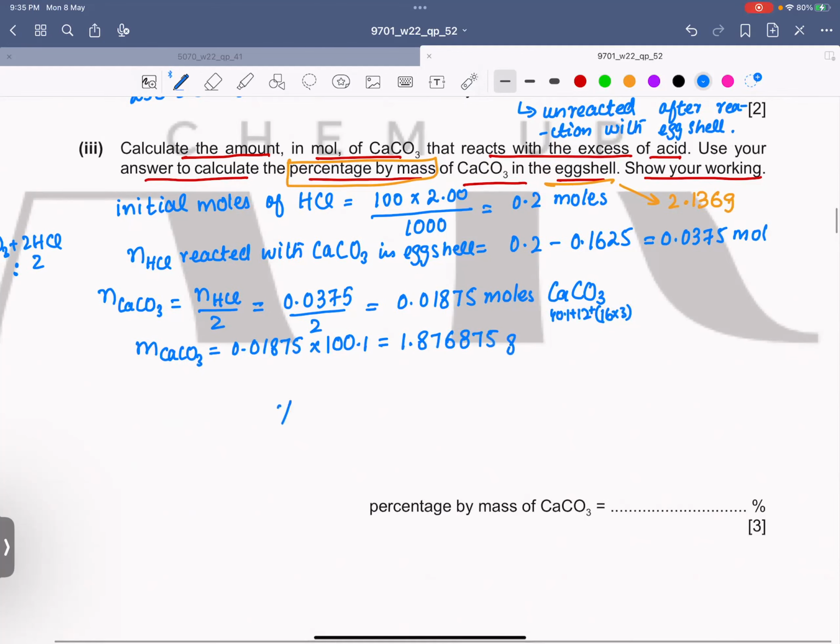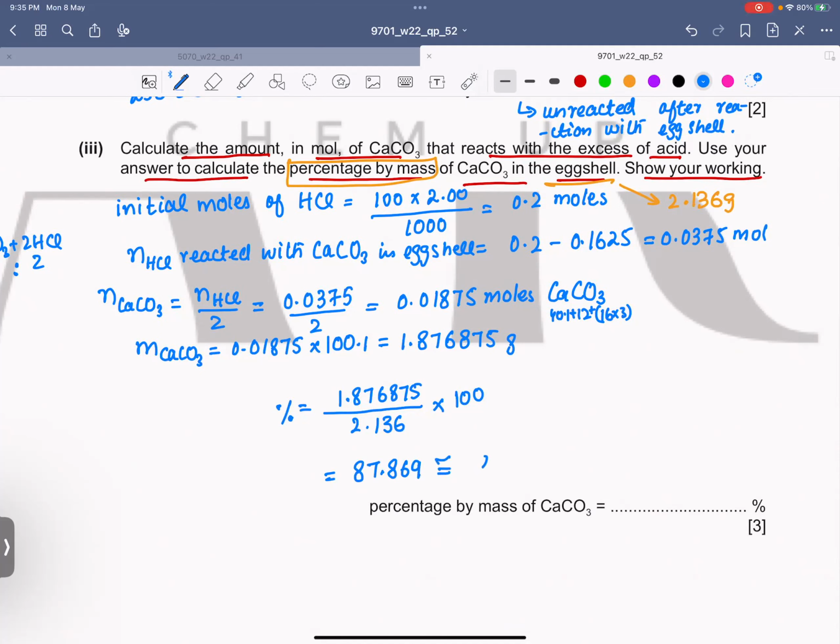I have to find the percentage mass. So percentage mass would be equal to 1.876875 divided by 2.136 times 100. 87.868, actually 87.869.